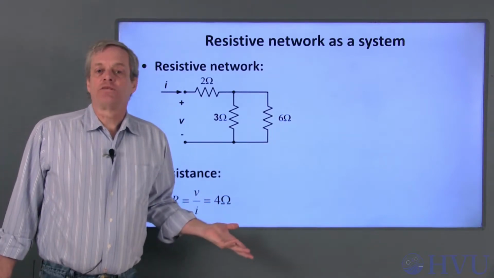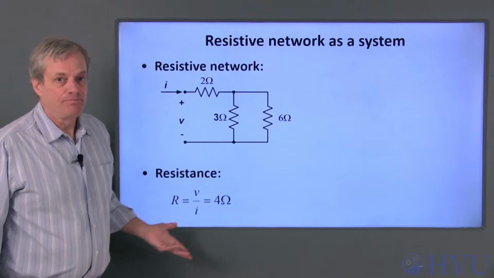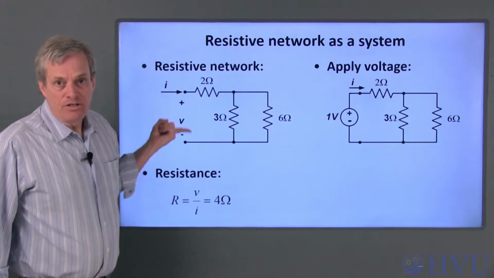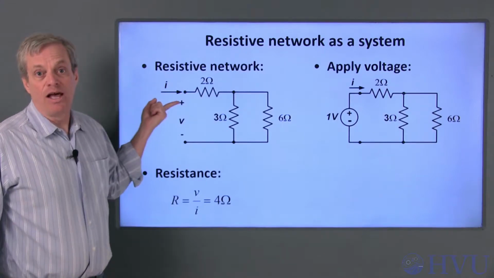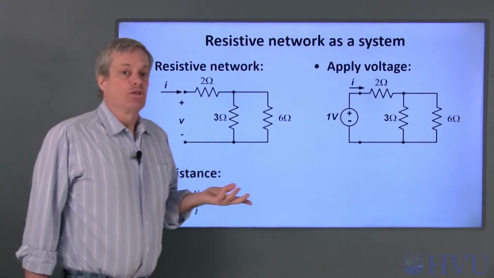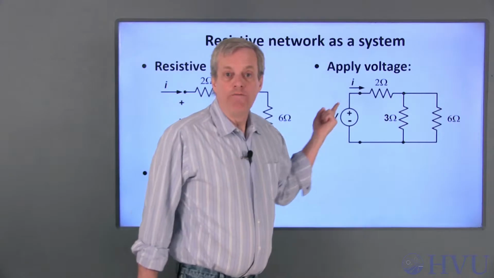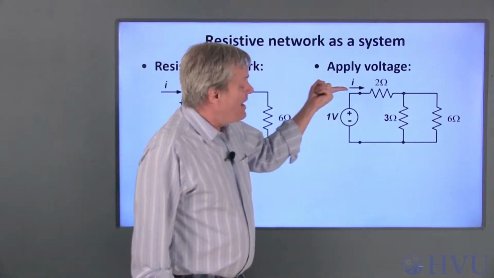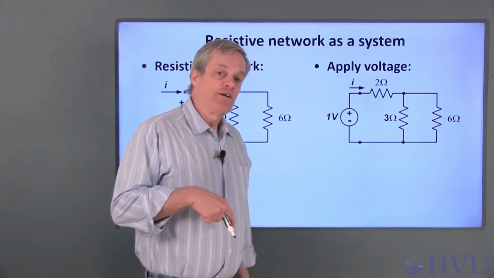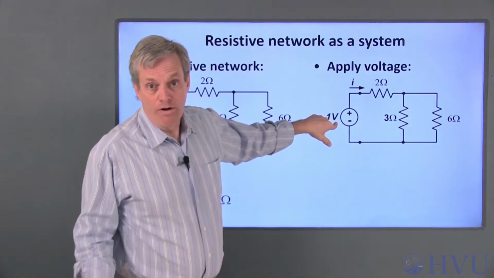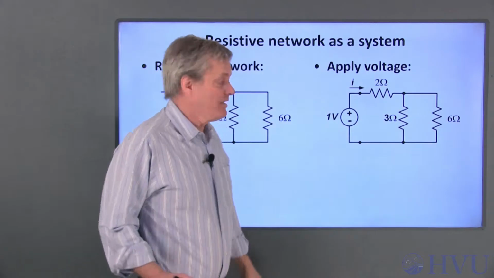But let's take a look at this problem from another standpoint. We know that we want to determine an equivalent resistance, which will be the ratio of voltage to a current applied across these terminals. So let's hypothetically connect a 1 volt source across the terminals and calculate the current resulting from that source. Once we find the current, we just divide the voltage, 1 volt, by that calculated current.